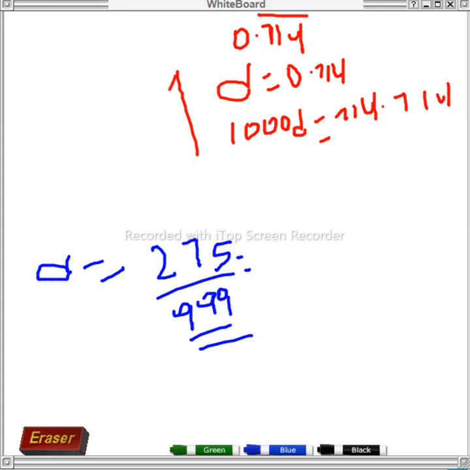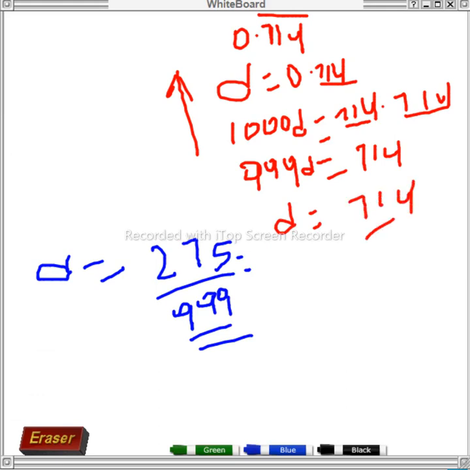When we subtract d from 1000d, we get 999d, and on the right side the repeating parts cancel and we get 714. So d is equal to 714 over 999.